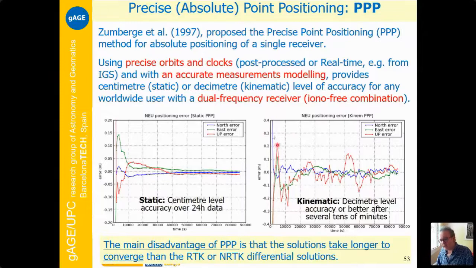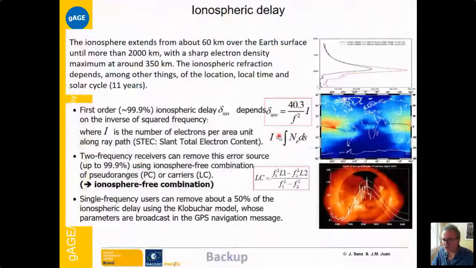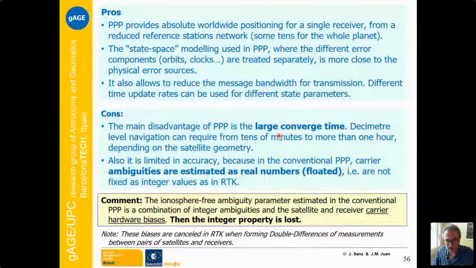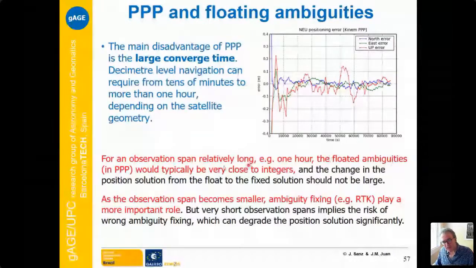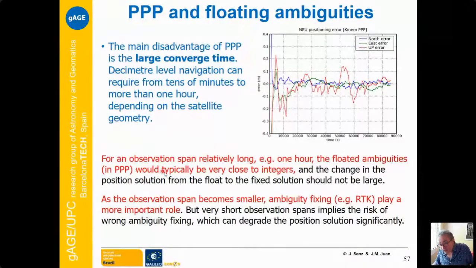But if we look at the plot, there is some oscillation during the convergence time. But if we wait some time, after half an hour or 1 hour, depending on the satellite geometry, the float ambiguities will typically be close to integer.